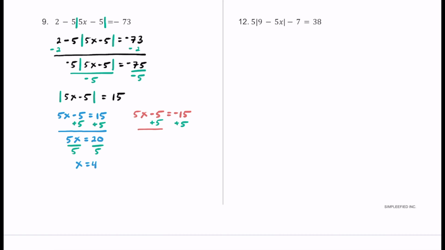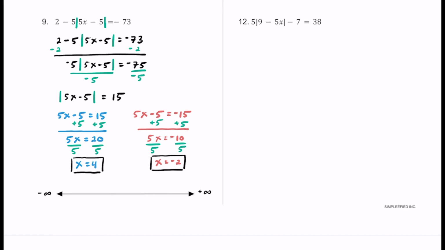If we do that, then we see that the minus 5 and plus 5 will cancel out. We're going to get 5x is equal to negative 10. And then we're going to divide both sides by 5. We're going to find out that x is equal to negative 2. So one of the solutions here is x is equal to 4, and our second solution here is x is equal to negative 2.